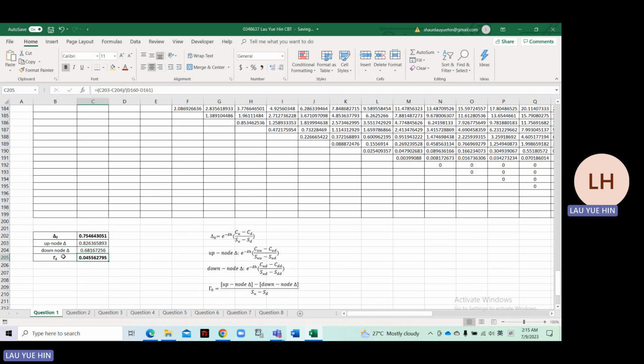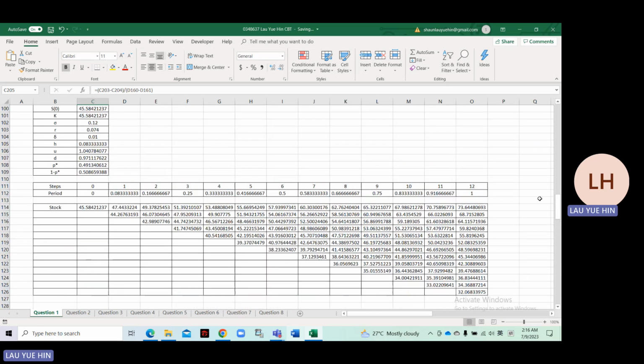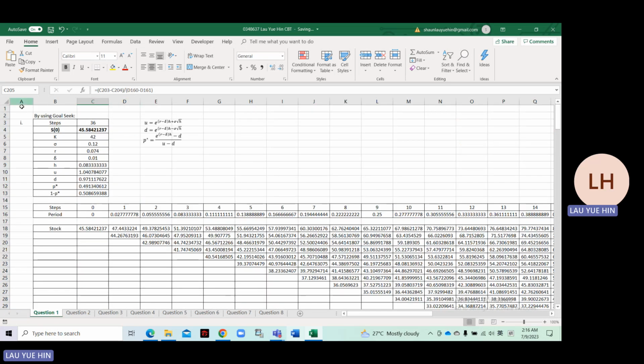And the gamma formula is up node delta minus down node delta divided by SU minus SD. So at the end, I will get 0.0455629795. So this is how I do question 1 for all three parts.